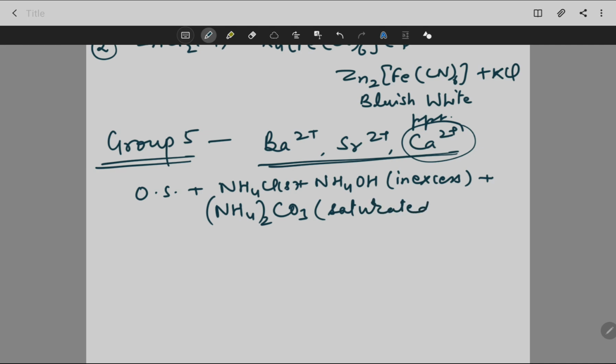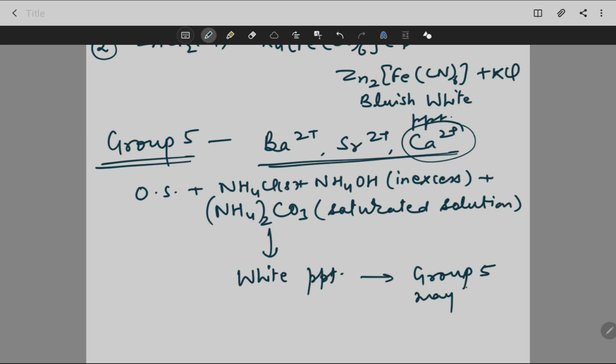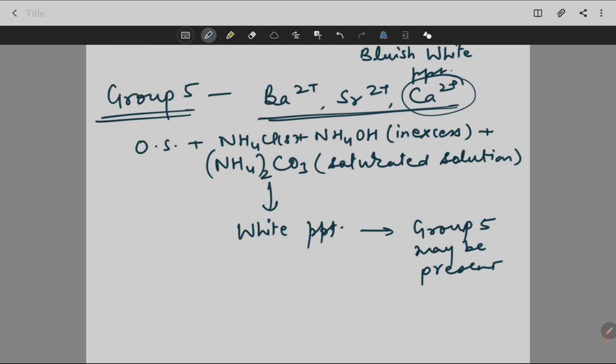That is how we get a white precipitate. If we get a white precipitate here, it means group 5 may be present, any of barium, strontium or calcium.